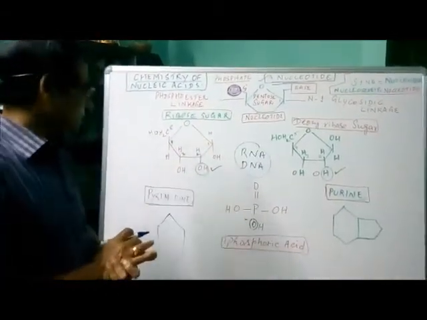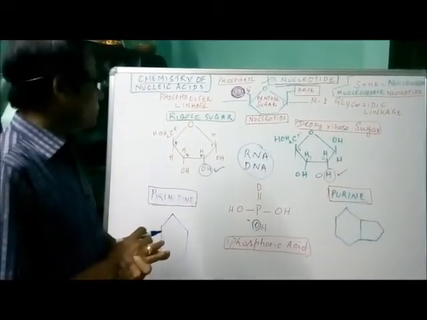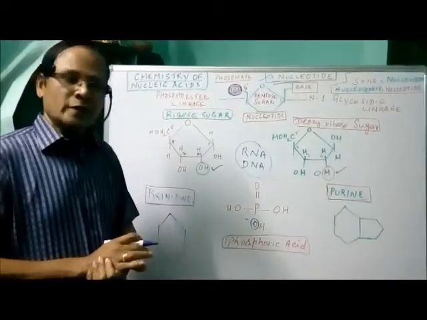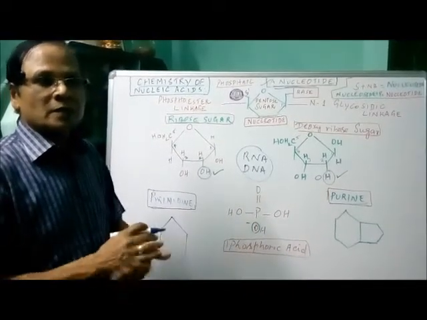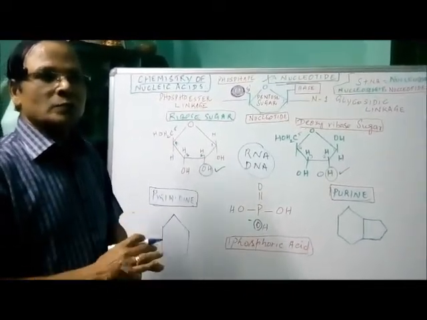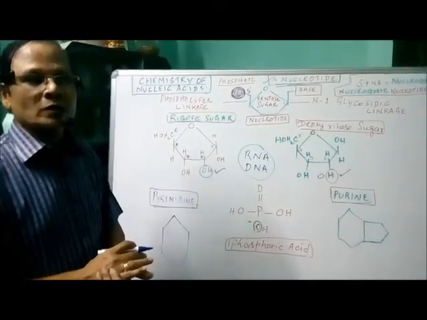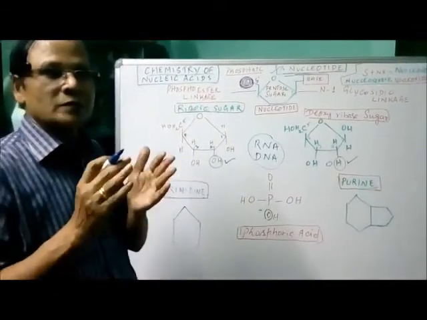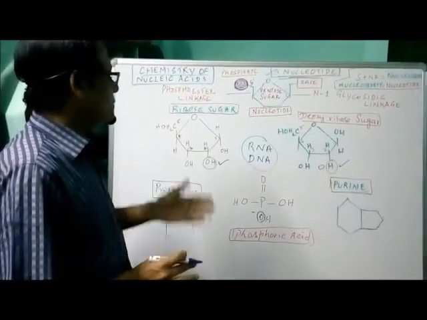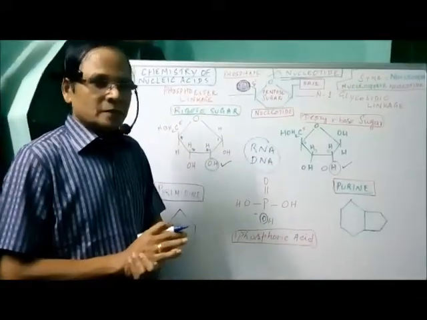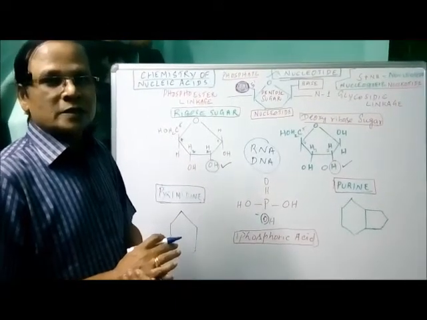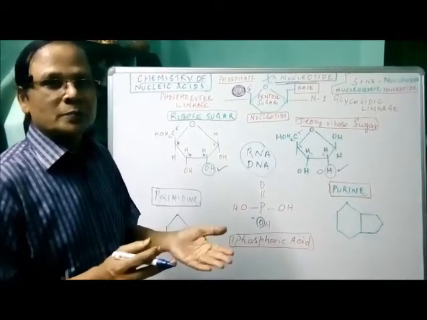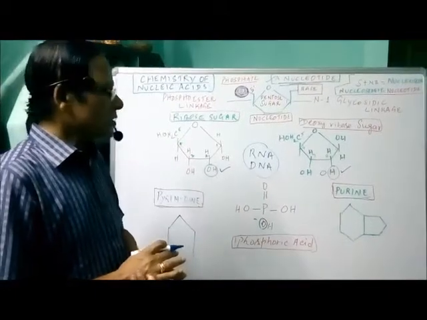Now the second component is nothing but a base, a nitrogen-containing double ring compound or a single ring compound. We can say heterocyclic compounds, or heterocyclic nitrogenous bases. It is considered a base because it accepts a hydrogen ion or proton from the medium in which it is present.